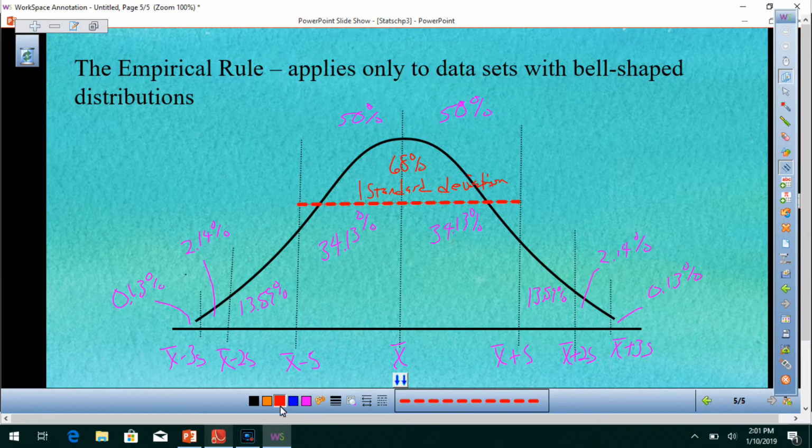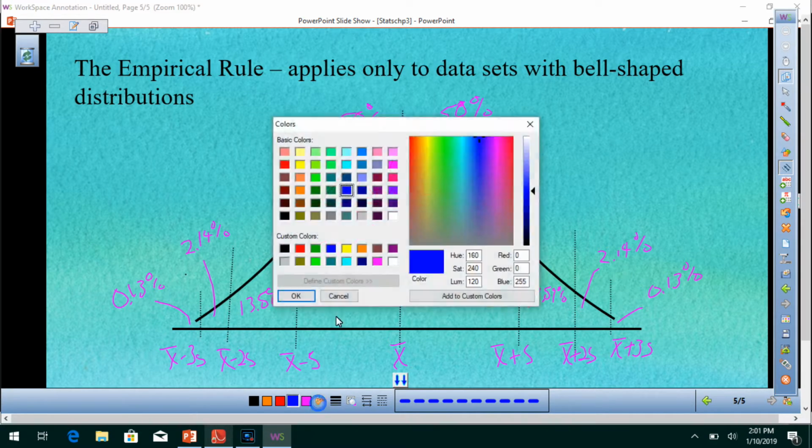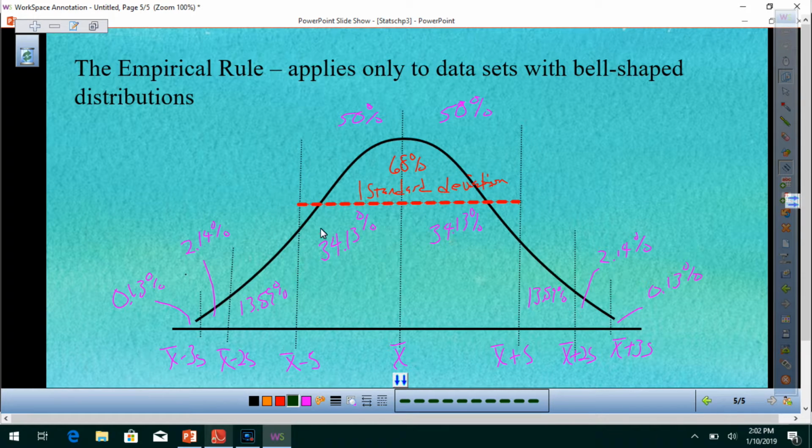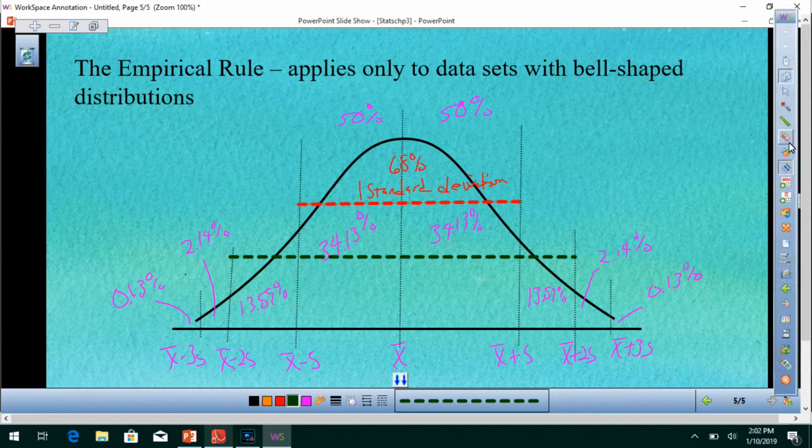Next, let's go with green. That's going to be from here to here, and we're going to say that is 2 standard deviations.